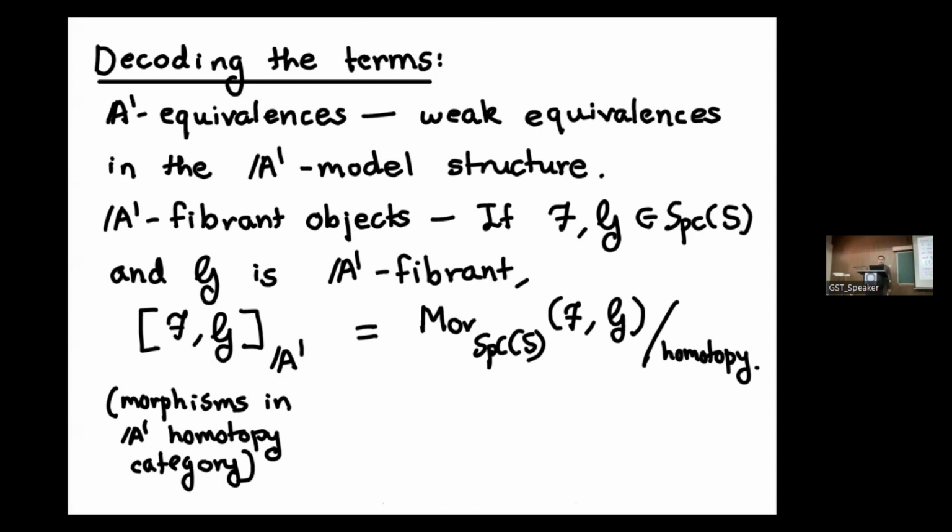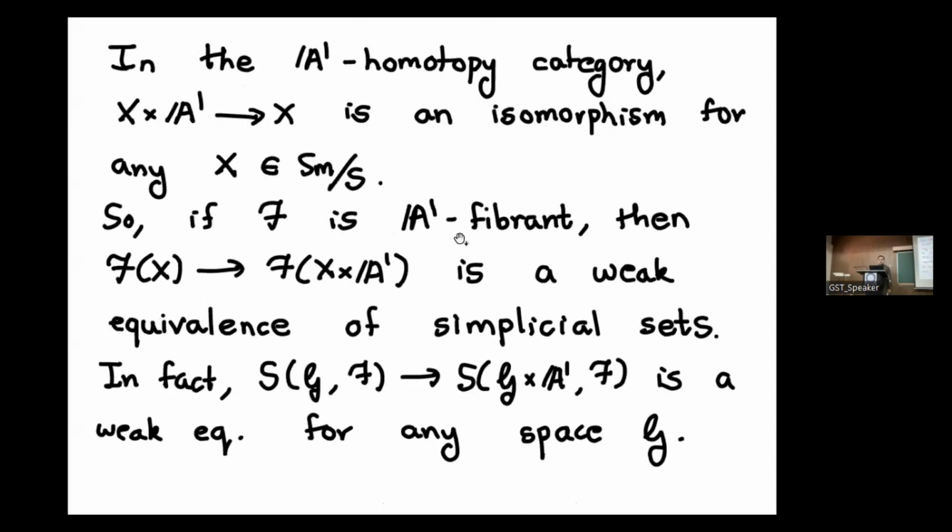If F is A1 fibrant, then what is F of X? F of X is supposed to be the morphisms from X to F, and F of X cross A1 is the morphisms from X cross A1 to F. Now, if the projection map from X cross A1 to X is supposed to be an isomorphism, then this map from F of X to F of X cross A1 should be an isomorphism in the homotopy category of simplicial sets, which means that there should be a weak equivalence of simplicial sets.